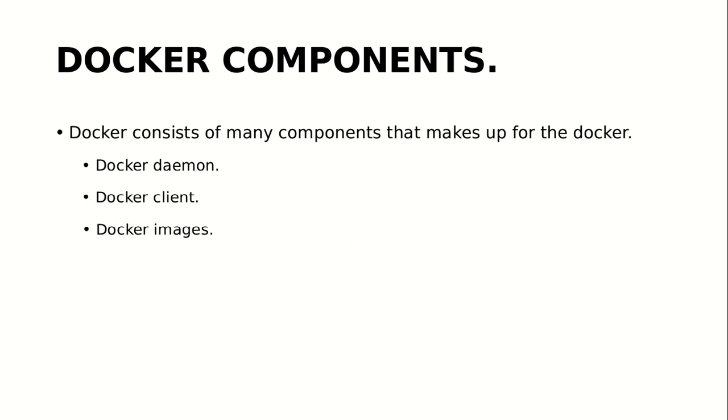Docker images are your read-only template that tells you what should be contained within your container, or how your container should be created. Then we'll have the Docker containers. Whenever we execute the images, we get the containers, and then we have the Docker registry, which is your Docker Hub, and finally we have the Docker services. So let's look at these components a little more in detail.